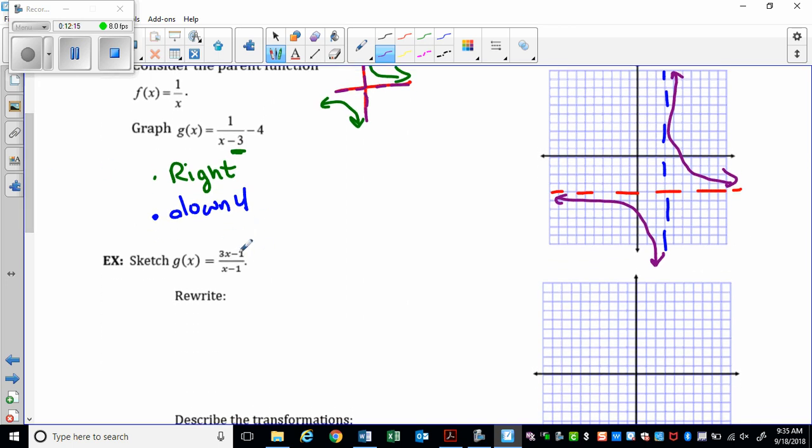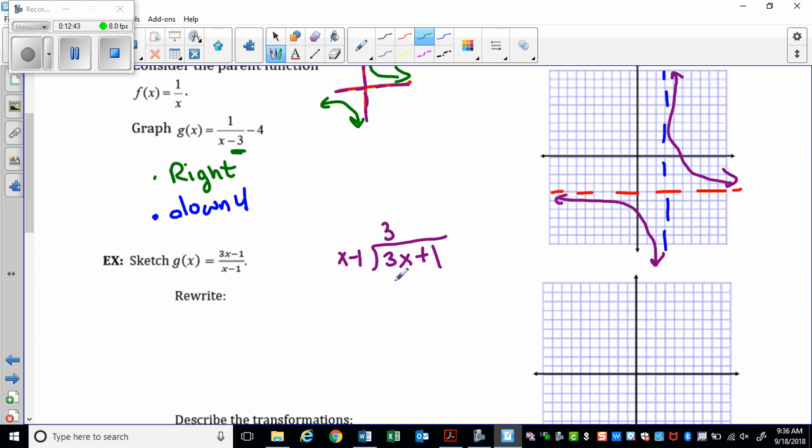It says that we need to rewrite this. So we can separate the numerator to be over the same denominator, or we can divide it. So let's try to divide this. I think we need to divide this. We have x minus 1 goes into 3x plus 1, and x times 3 will give us 3x.